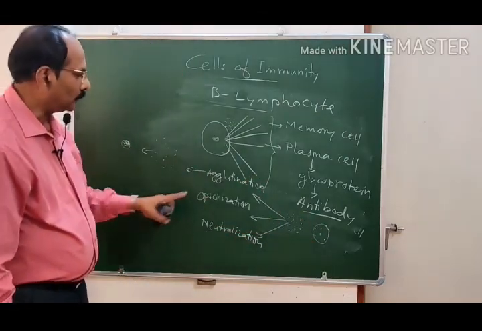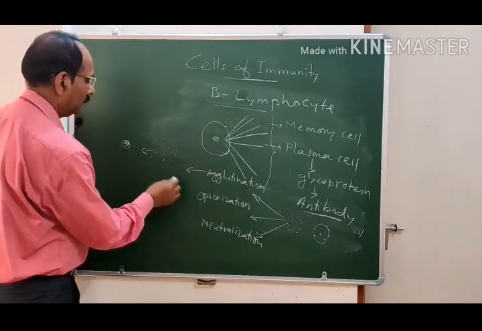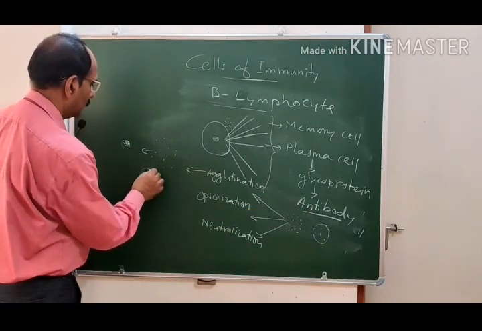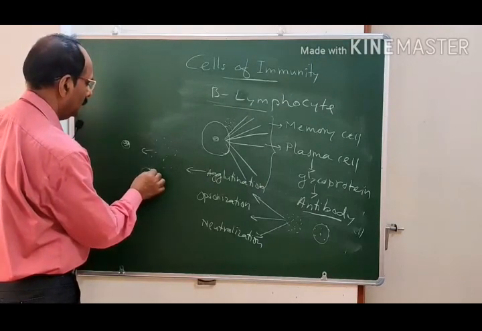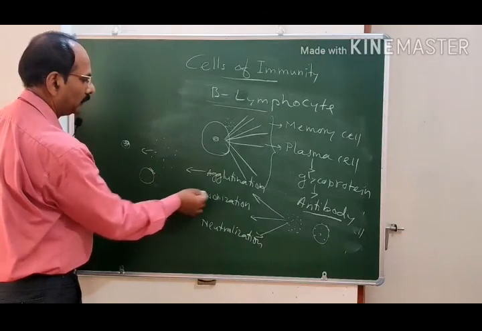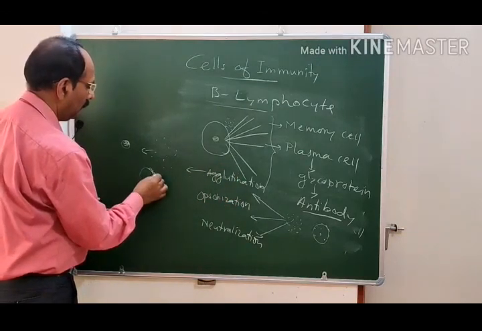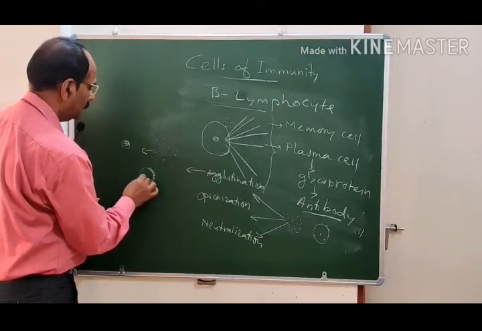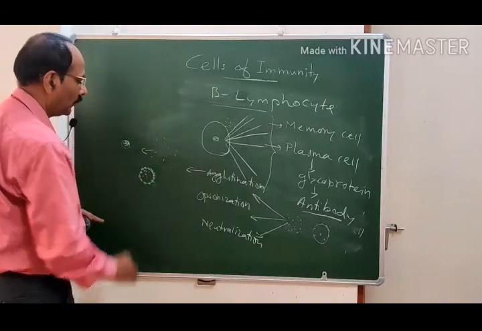And another one is opsonization. What is opsonization? Suppose this is the lymphocyte, and this is a bacteria or foreign particle. Opsonization means attracting. The antibody comes and attaches on the surface of this invading organism, the bacteria or the foreign bodies.